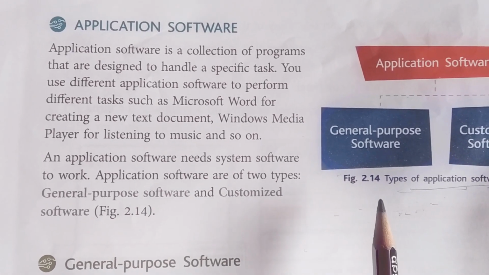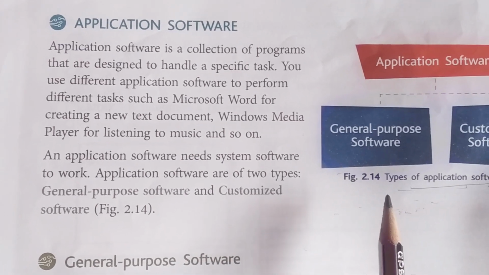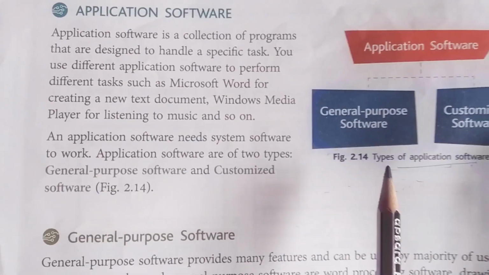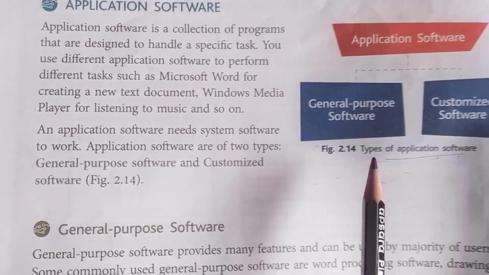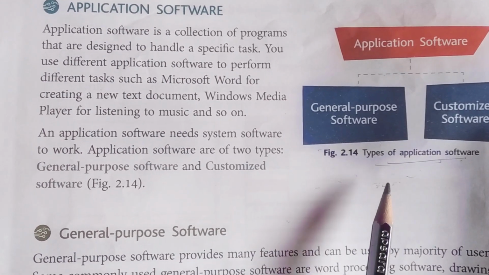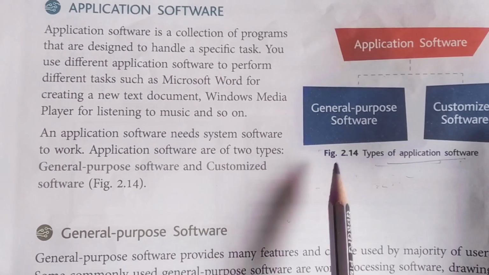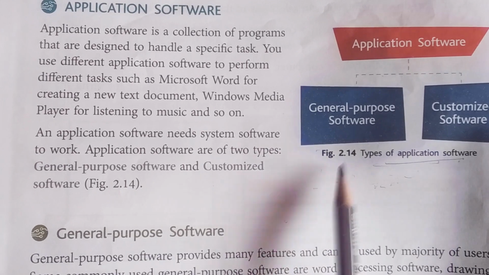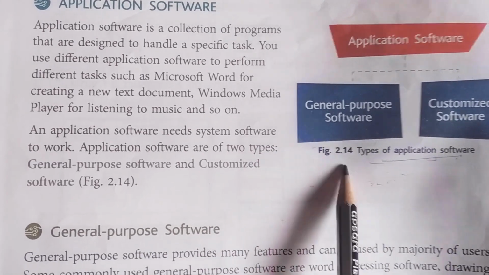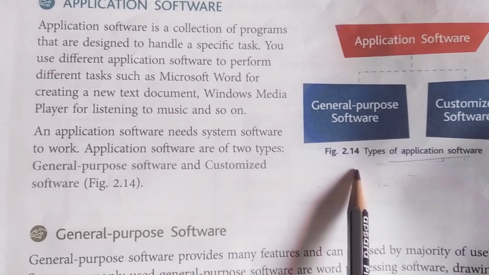Application software needs system software to work. If there is no system software, application software cannot work. In the previous video, I told you that system software is the interface between application software and the user.